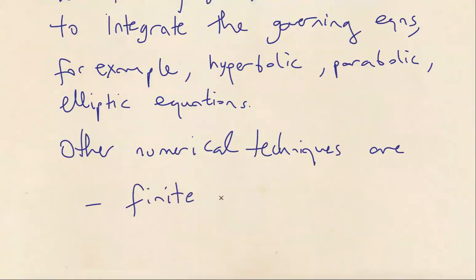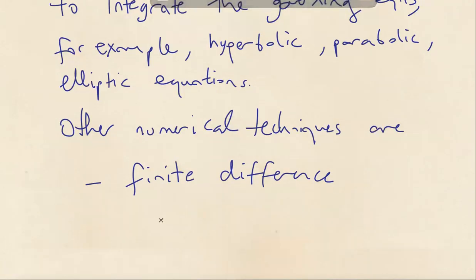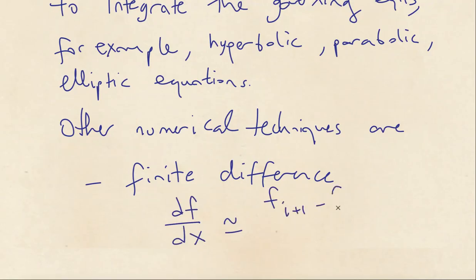Maybe you are familiar with finite difference from the numerical methods class in your undergraduate education, which is the most common technique in which any differential is replaced by a quotient rule. For example, suppose I have df over dx, which is going to be approximated by f at i plus 1 minus f at i, divided by some delta x.